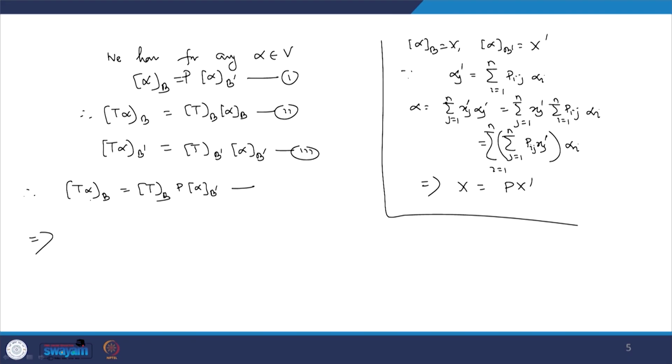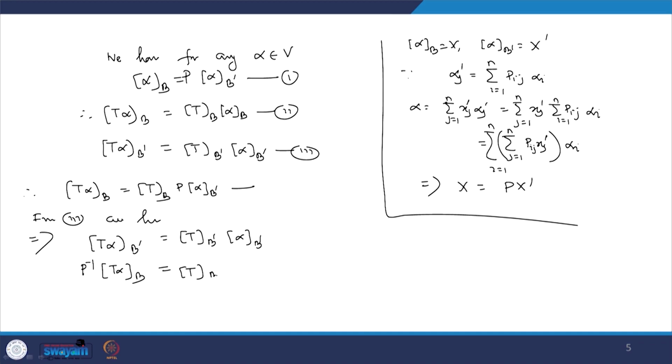This implies, from equation 3, the coordinate matrix of T alpha with respect to B' equals the matrix of T with respect to B' into the coordinate matrix of alpha with respect to B', but this is equal to P inverse times the coordinate matrix of T alpha with respect to B.